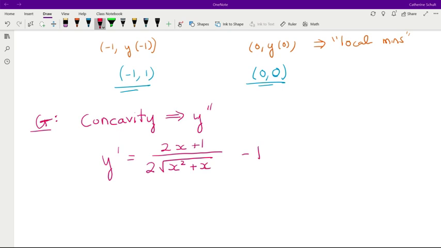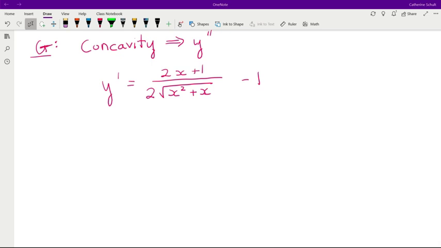We're going to have to use the quotient rule. I'll write that in blue so it sticks out for us. The derivative of the top is just 2, minus the derivative of the bottom. We can have the 2 here, and then we'll just take the derivative of this, and then multiply it by 2 later.